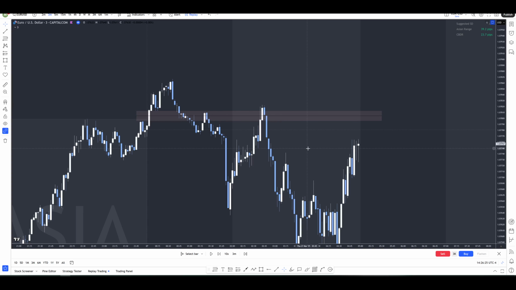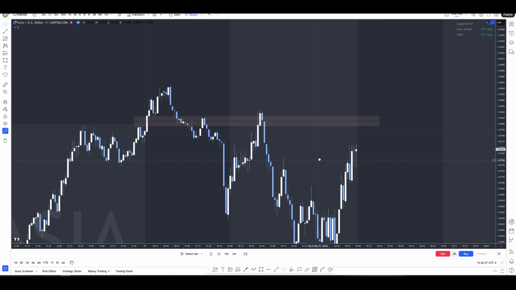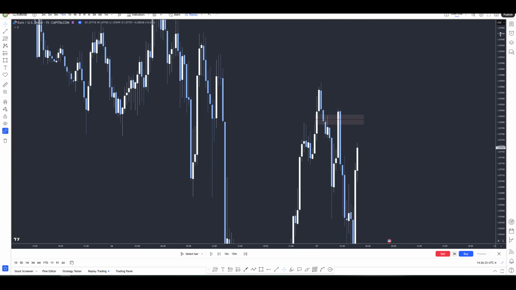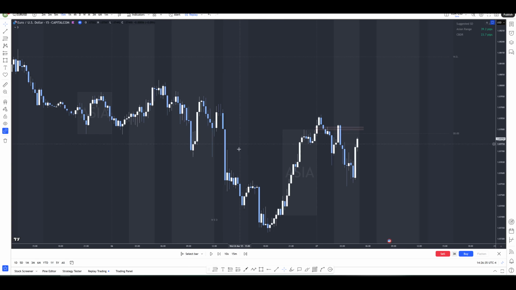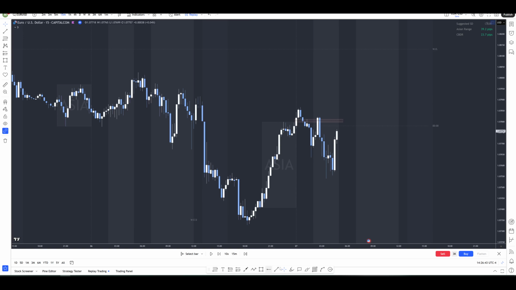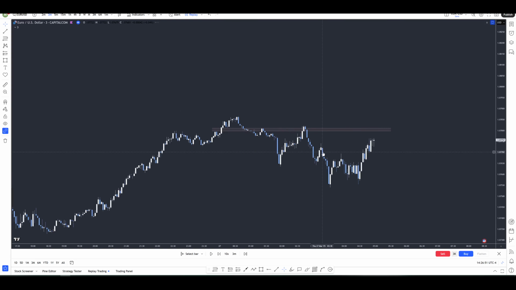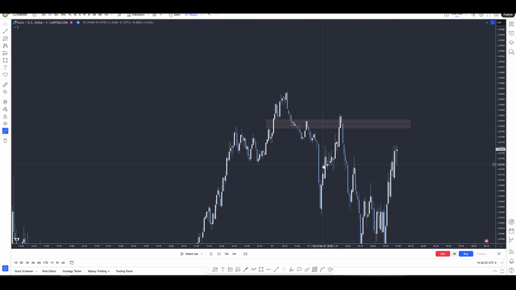But the only thing that is not in my favor at this time, if you go back to the 5 minute, is that we are trading against the trend, because we have a huge move to the upside. We displaced higher, so therefore ideally you would look for longs, right? But in this case we're looking for shorts.